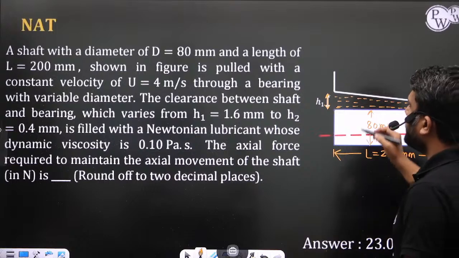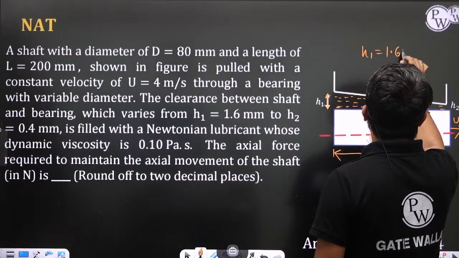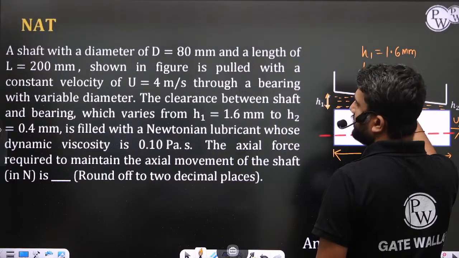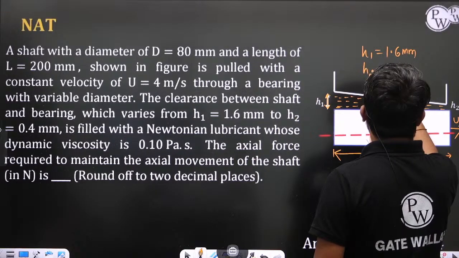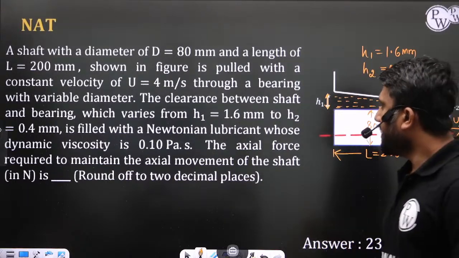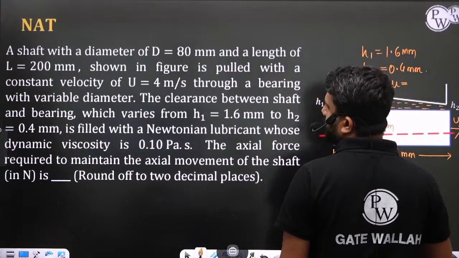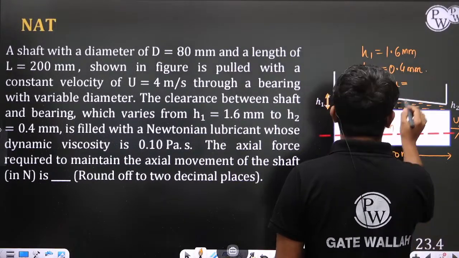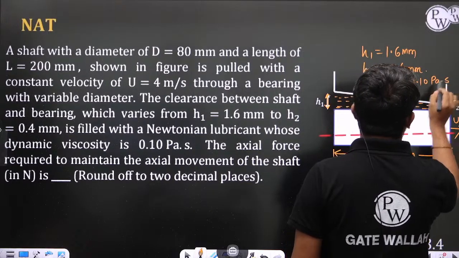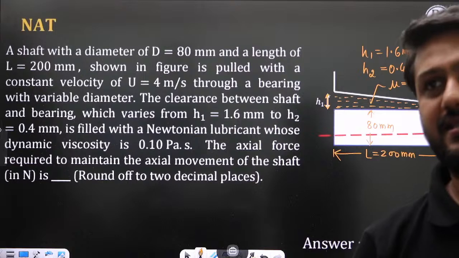H1 is given as 1.6 millimeter and H2 is given as 0.4 millimeter, and the dynamic viscosity of the lubricant is mentioned as 0.10 pascal second. So in the question, F is asked.